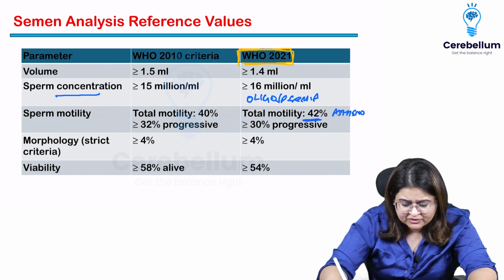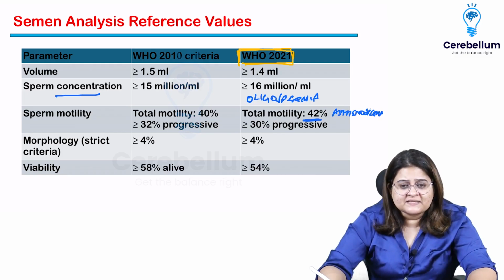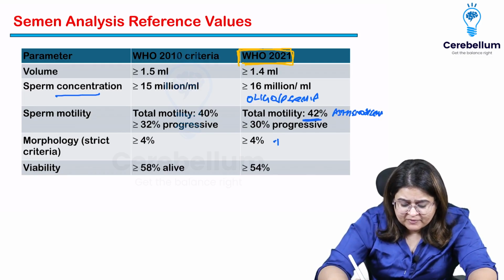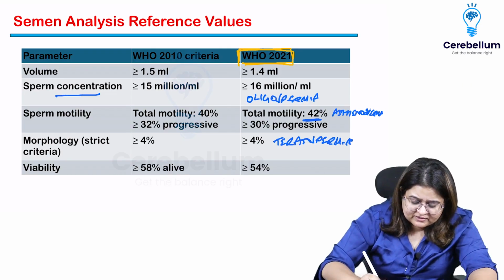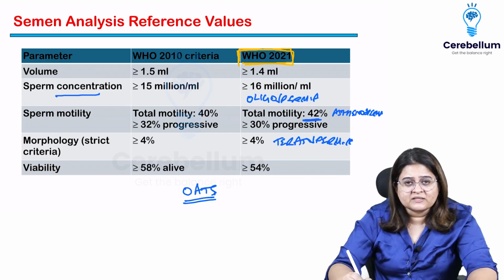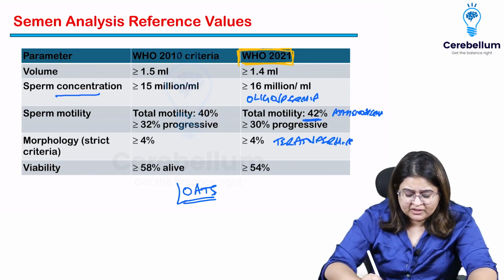So less than 42% total motile sperm is called asthenospermia. Less than 4% morphology is called teratospermia. And if all three parameters are bad, oligospermia, asthenospermia, teratospermia, it is called OATS.